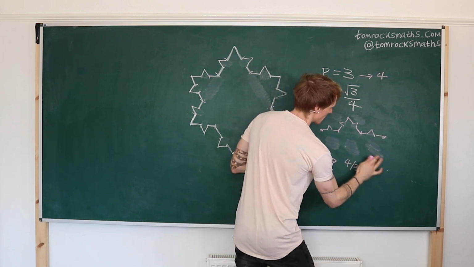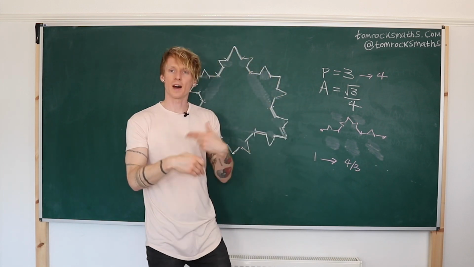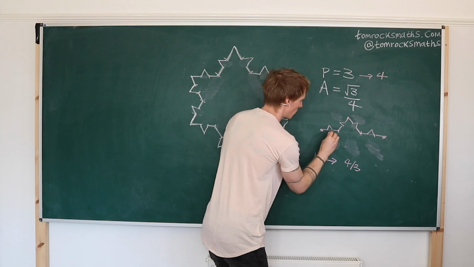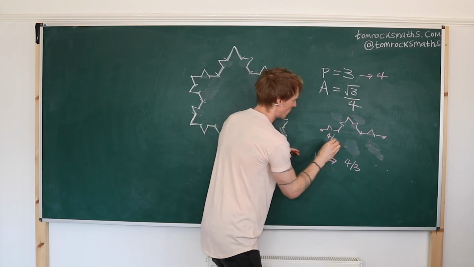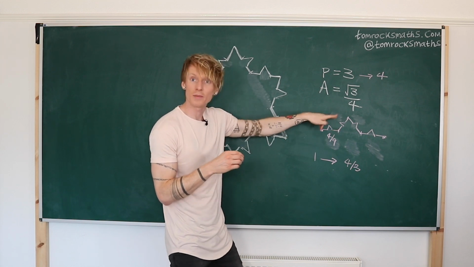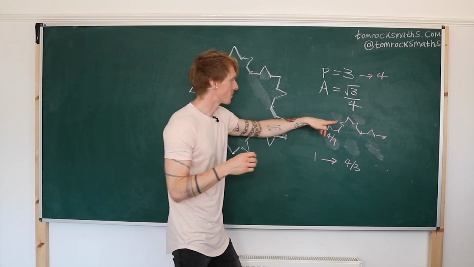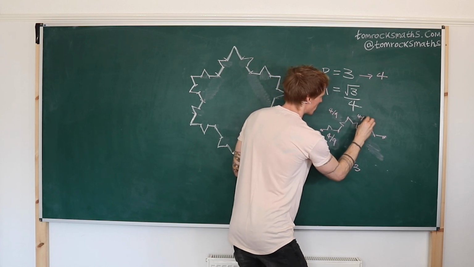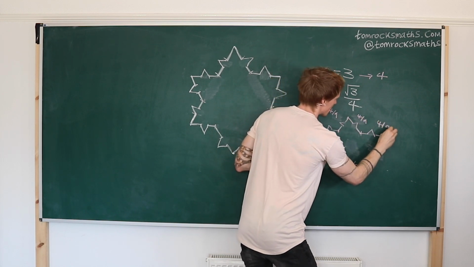These are no longer going to be 1/3, but it is important to remember that they started at 1/3. So they started at 1/3, we divided up into 3 pieces, so each one is now 1/9, and there are 4 of them, so this one has 4/9 in total, because each little line is 1/9, and we've got 4 with that bump shape. Same here, so that's 4/9. Same up here, this one's 4/9, and this one's 4/9.